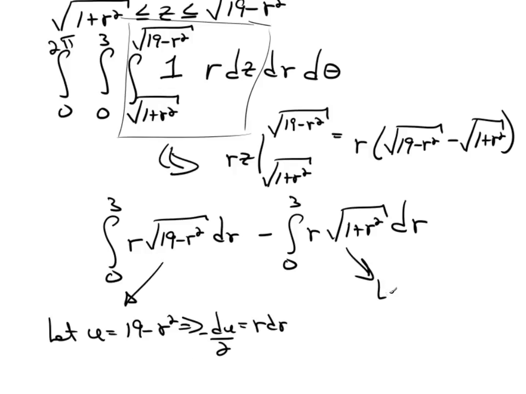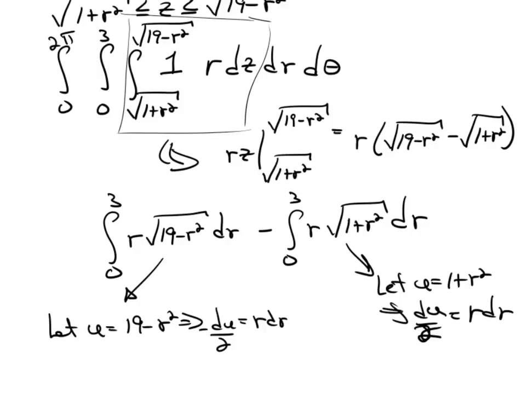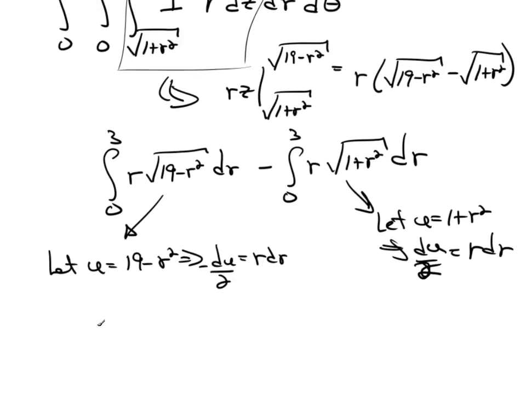Here I'm going to let u equal 1 plus r squared, then du over 2 equals r dr. So this is going to be the integral of u to the 1/2. Well, I'm sorry, negative 1/2 u to the 1/2 du. And this is going to be a negative 1/2 integral of u to the 1/2 du.